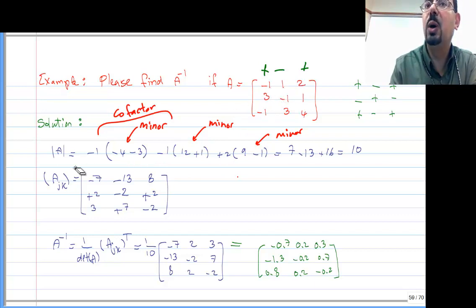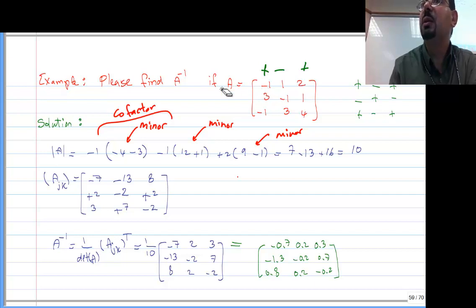Minus 1, minus this 1, plus the 2, and each is multiplied by its smaller matrix. So minus 1 times 4 minus 1 times 3, minus 4 minus 3, and this is the minor of that element. So when we are doing the determinant, we are actually multiplying by its minor. So the minor is minus 7.